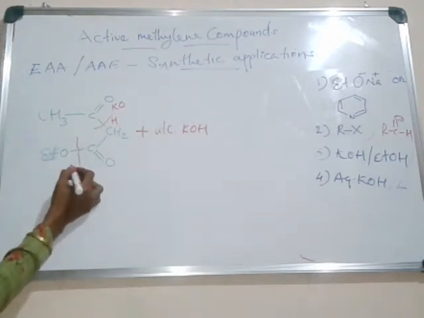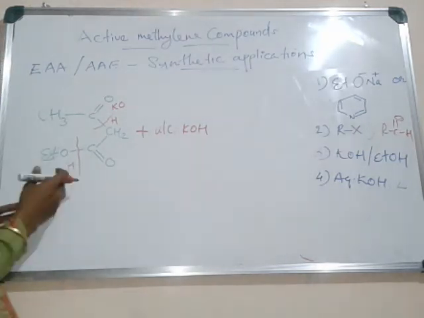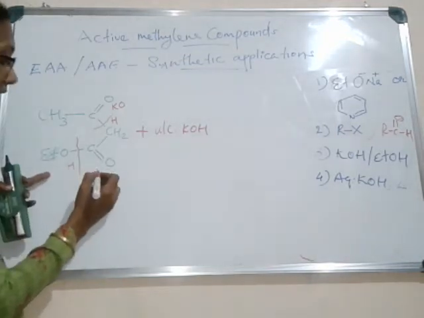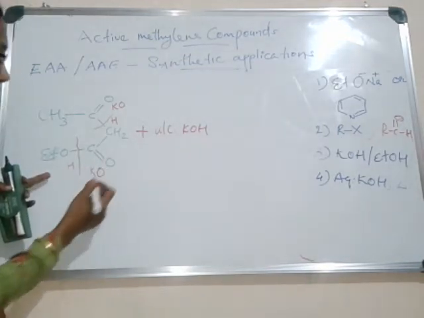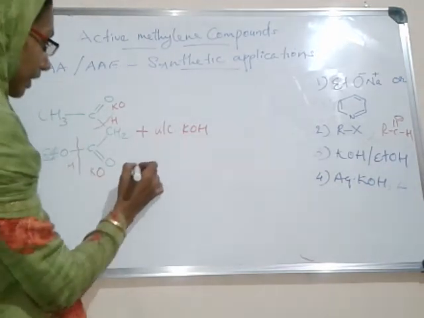At the same time, here also, from the second molecule of KOH, the hydrogen is bonded to this ethoxide and KO is bonded to this carbon.